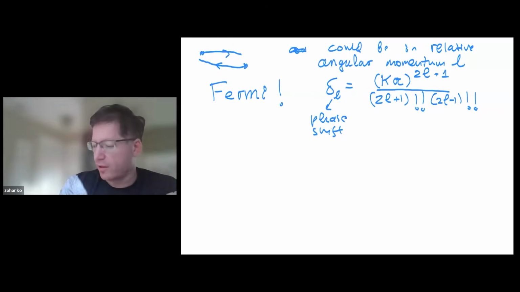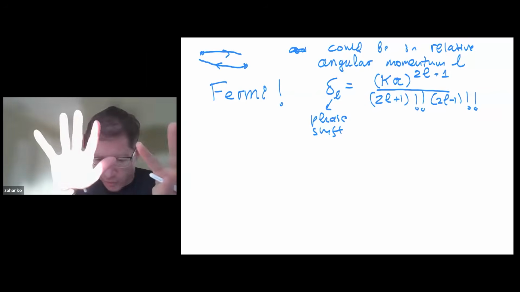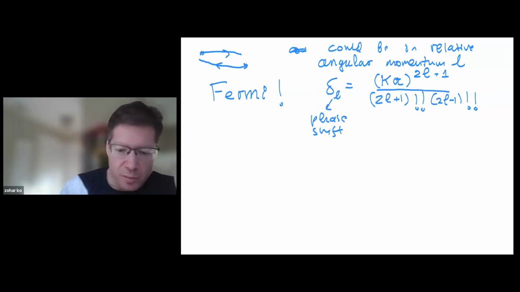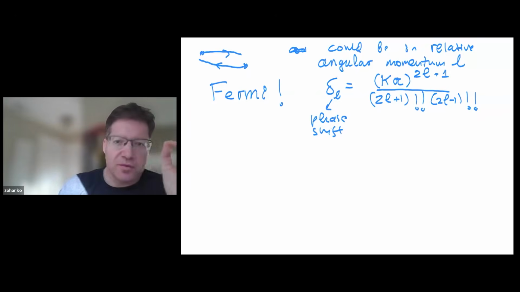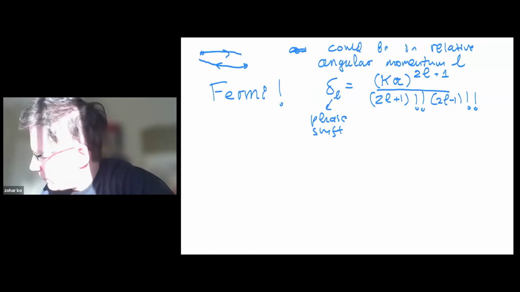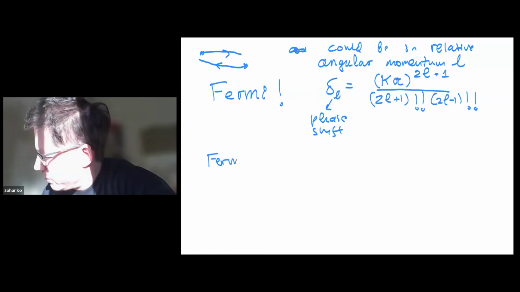But if you look at the low lying, you want to understand the particles with small momentum, low energy physics, so to speak, this dies off very quickly. This dies off exponentially as a function of angular momentum. So Fermi understood that it's useful to invent a mathematical formalism for a system where there is only scattering in L equals 0. So Fermi invented a potential.